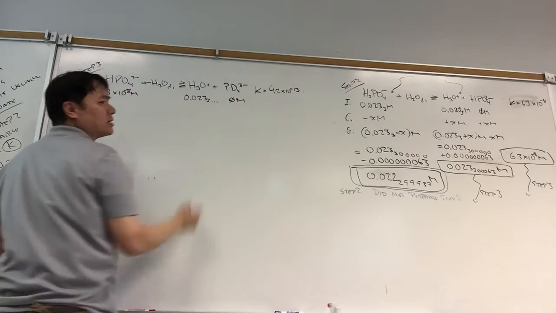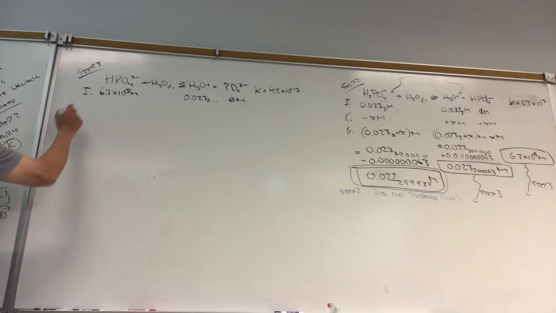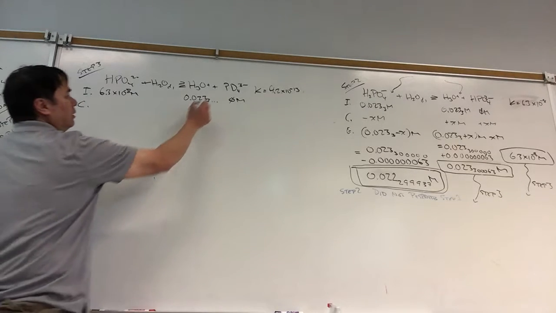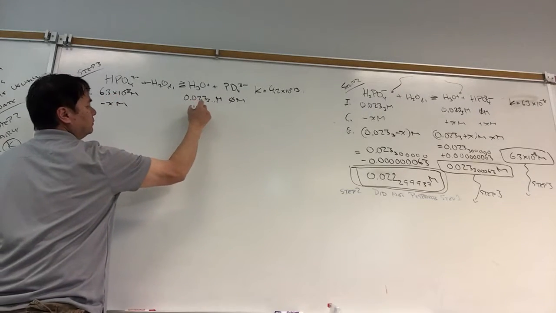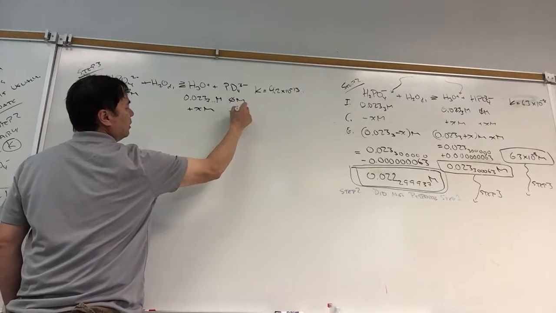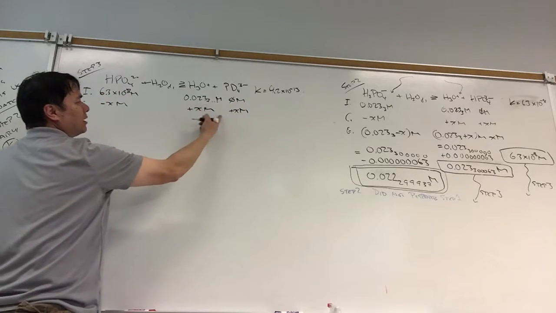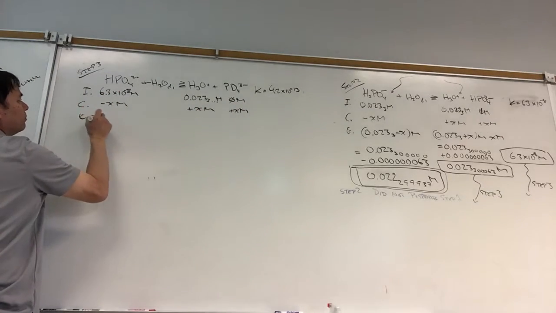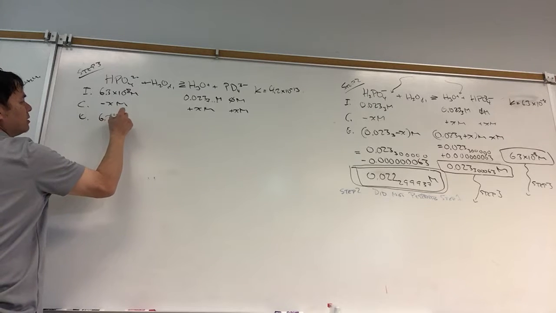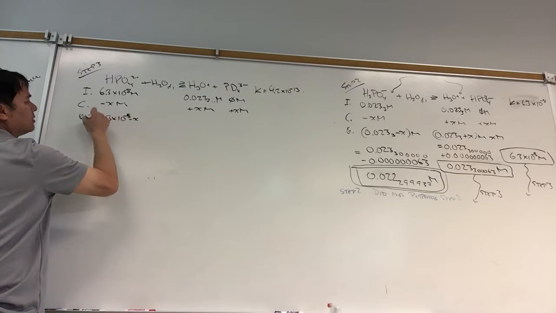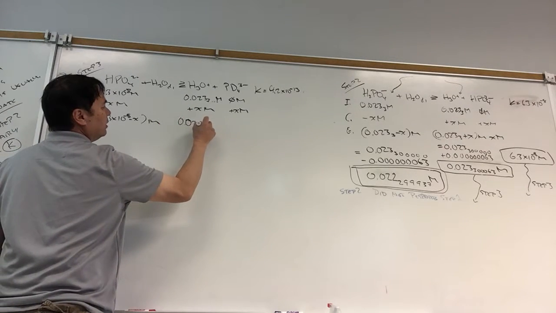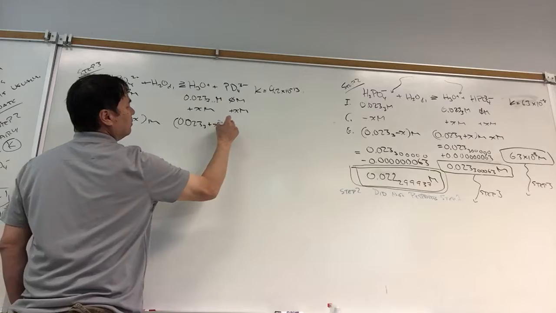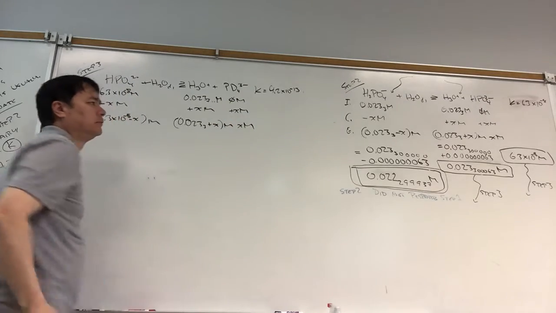Phosphate, we assume nothing's happened yet. No collisions between monohydrogen phosphate. And so here we're going to lose a little bit, gain a little bit here. But because of the common ion effect, I don't expect to gain much. So this is going to be 6.3 times 10 to the minus 8 minus x molar, 0.0233 plus x molar, and this is going to be x molar.